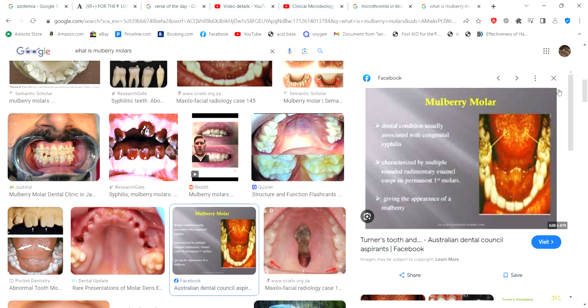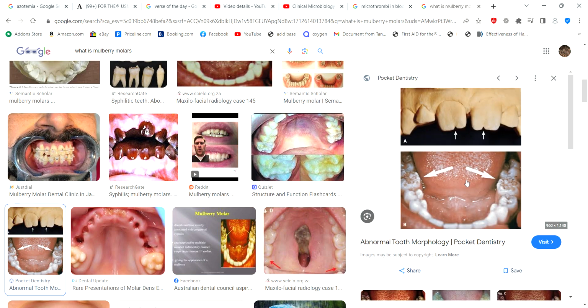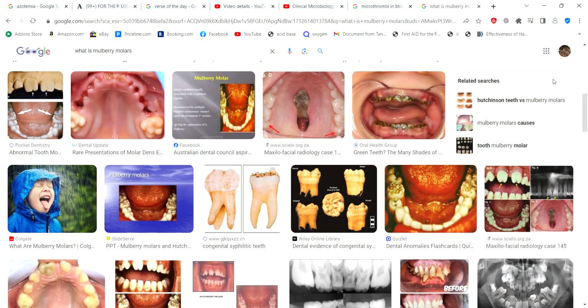It's this thing. It looks like a mulberry. Okay, I see. Mulberry molars.